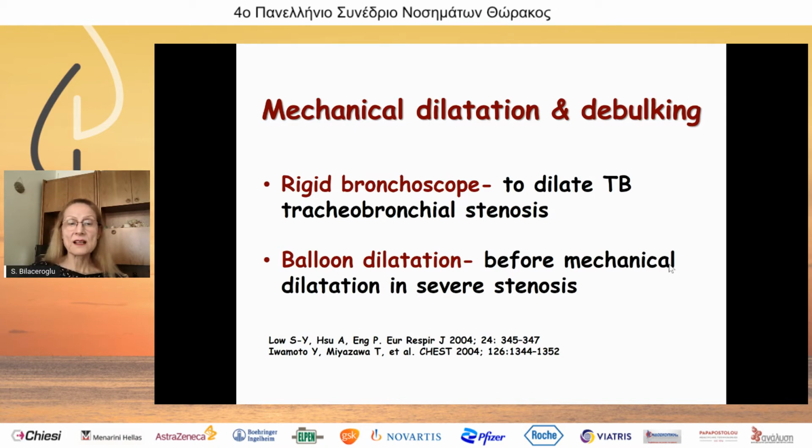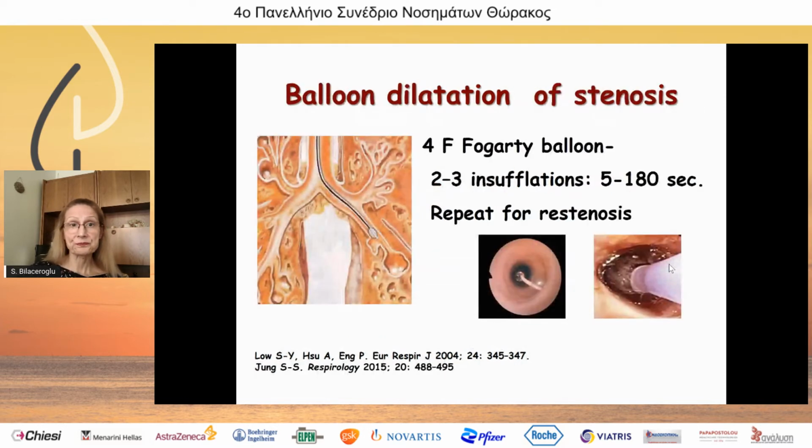But if the result is not enough, the lumen is not opened enough, the rigid bronchoscope can be used in a cork-like motion to dilate, but it should be started with the smallest lumen, and then we can proceed with the larger diameters of the rigid bronchoscope. Because if we do very harsh dilatation, the stenosis can return back faster.